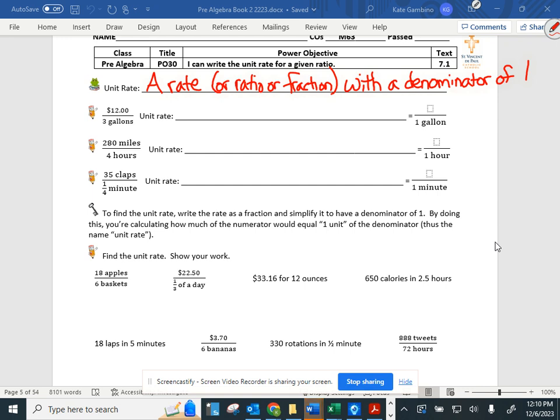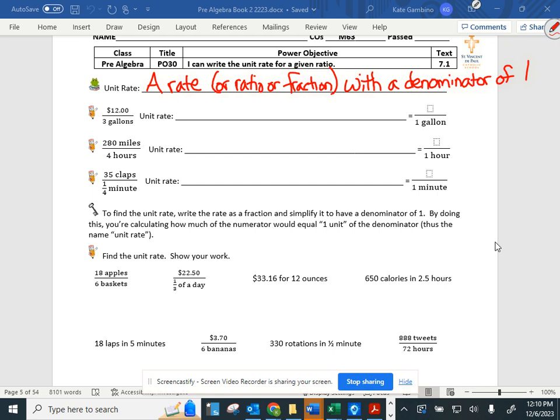So in order to be a unit rate, that denominator has to be a 1. So whenever we work with unit rates, we see what we can do to get the denominator to 1. Reminding ourselves whatever we do to the denominator, we have to do to the numerator.